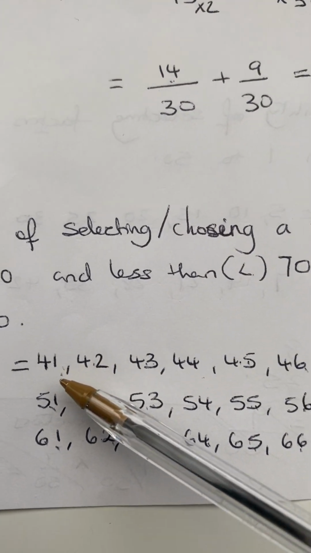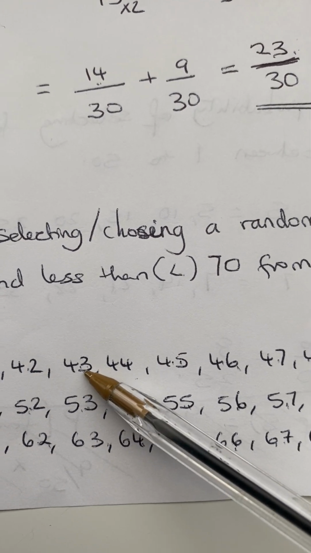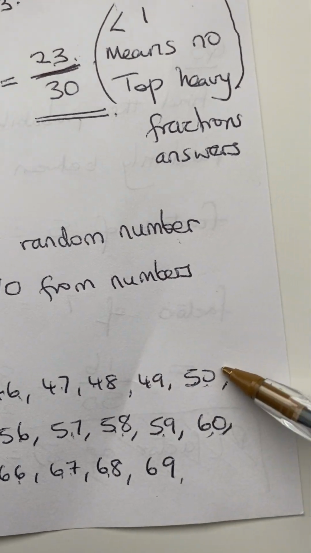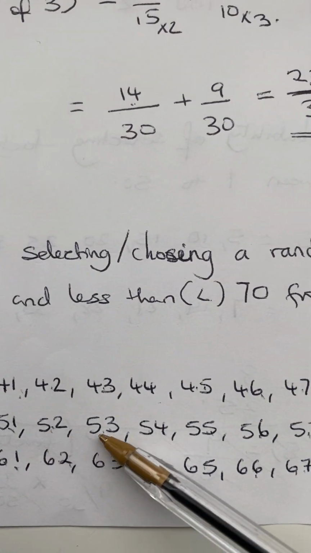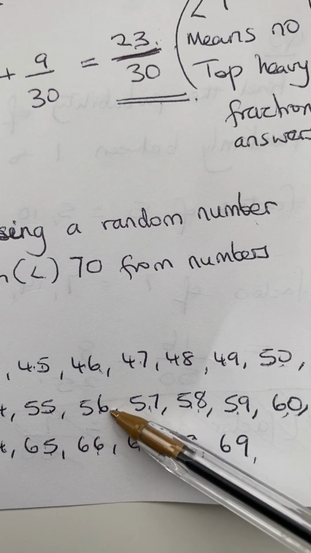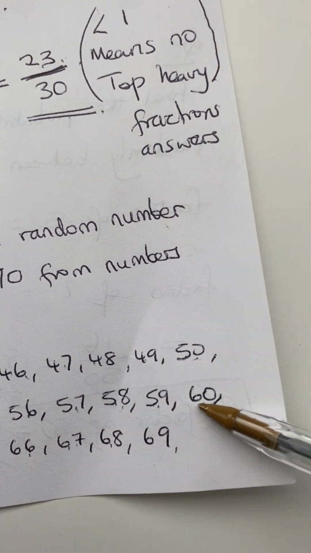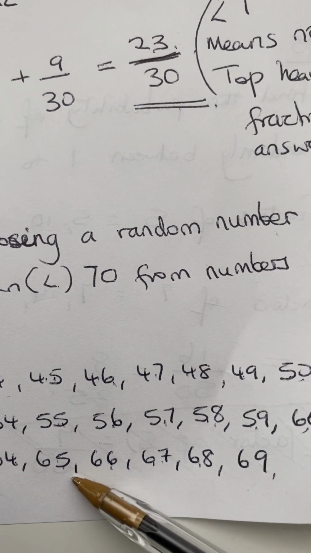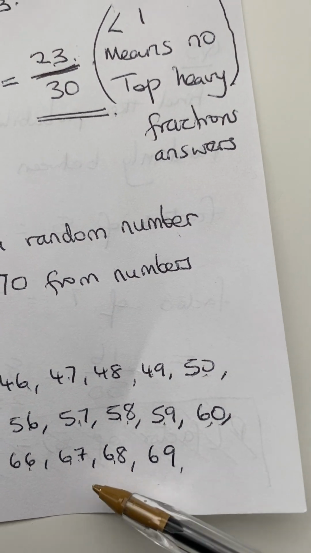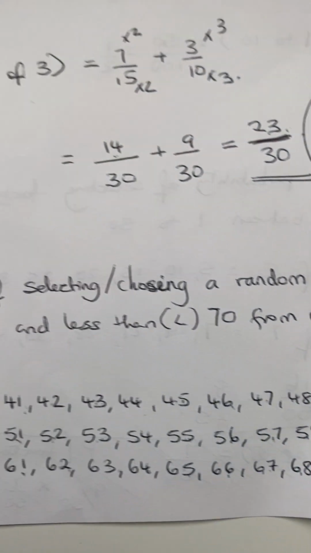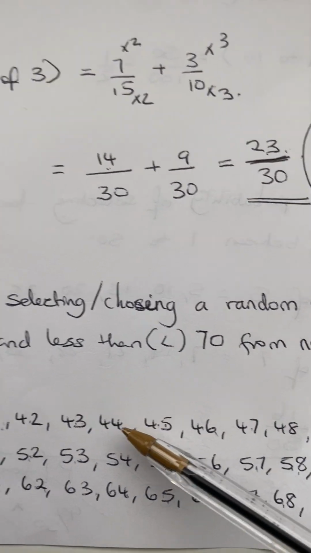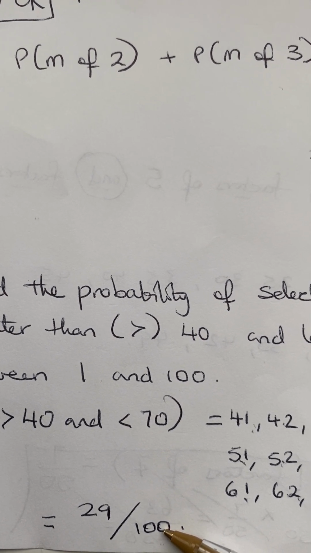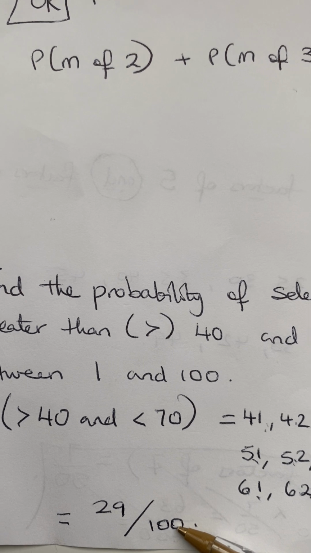So when you count them, 1, 2, 3, 4, 5, 6, 7, 8, 9, 10, 11, 12, 13, 14, 15, 16, 17, 18, 19, 20, 21, 22, 23, 24, 25, 26, 27, 28, 29. So we have 29 numbers out of 100. So that is our probability.